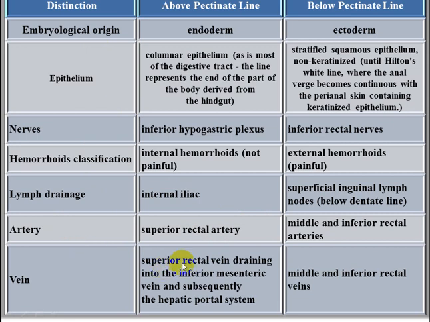Regarding venous drainage, above the pectinate line the superior rectal vein drains into the inferior mesenteric vein and subsequently the hepatic portal system, while below the pectinate line it is through the middle and inferior rectal veins. The middle rectal veins drain to the internal iliac vein, while the inferior rectal vein drains to the internal pudendal vein and then to the internal iliac vein.